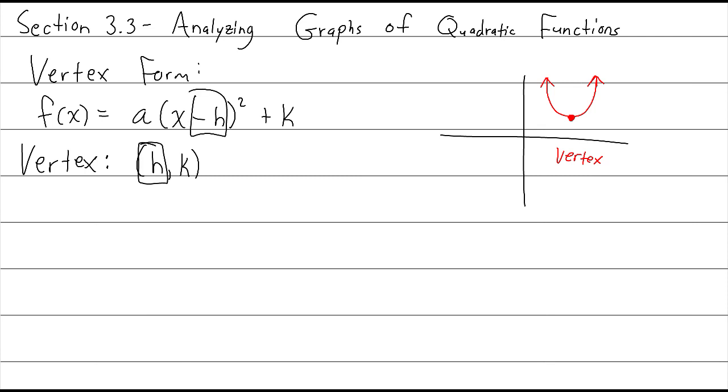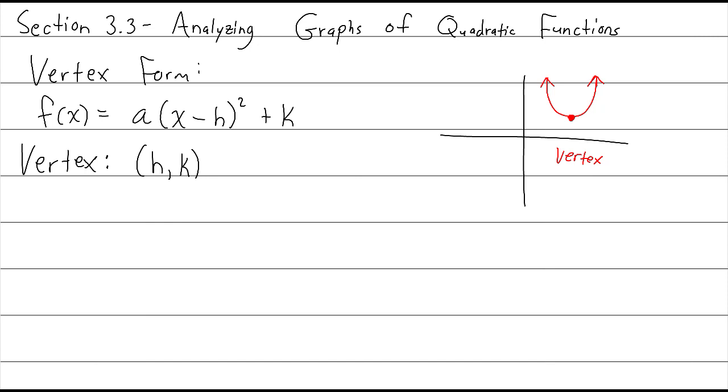If this were x plus 3, this would be a negative 3 right here. Or if this were x minus 3, it'd be a positive 3 right here. So that x value, the h value, will always appear to be opposite of what you see in the actual formula or equation. All right, so that's the vertex.